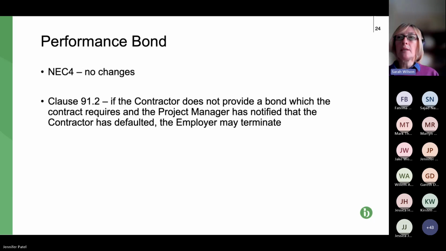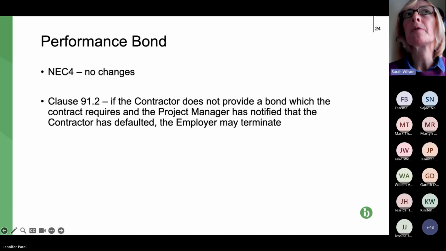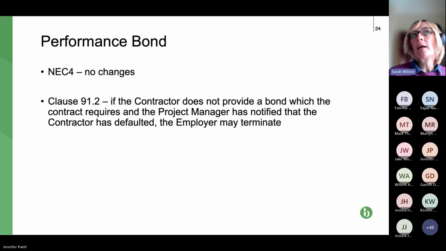One thing you need to look out for, particularly with a performance bond, is anything that says that payment will be made on demand, because what that means is that if the client, or employer, makes a demand to the bond supplier, the insurer or the bank, they've got to pay up. There's no need for them to prove their claim. So that would be really, really unusual in a performance bond.